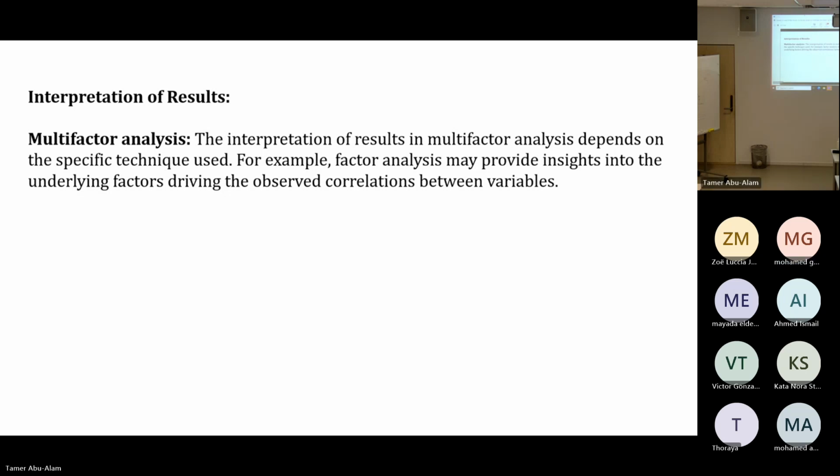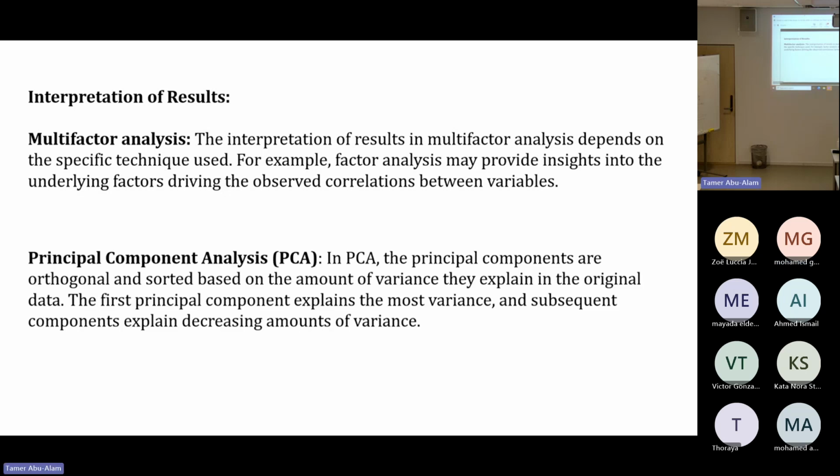Okay. Good. The principal components are orthogonal and sorted based on the amount of variance they explain in the original data. The first principal component explains the most variance, and subsequent components explain decreasing amounts of variance.